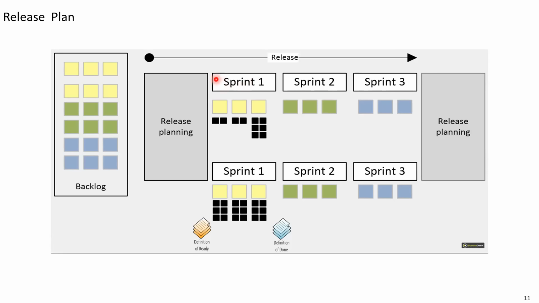Now, see, every sprint will have a sprint goal, which means a sprint goal should be the minimum working functionality that a sprint can deliver. However small it is, does not matter. But at the end of every sprint, we need to have a potentially shippable, rather I will use the word potentially consumable product.